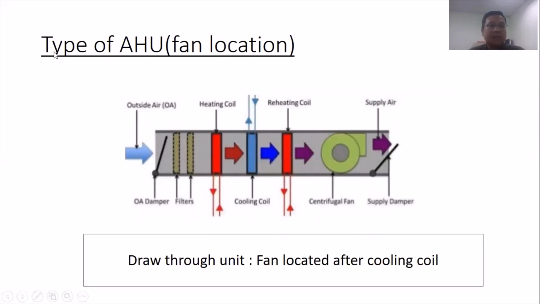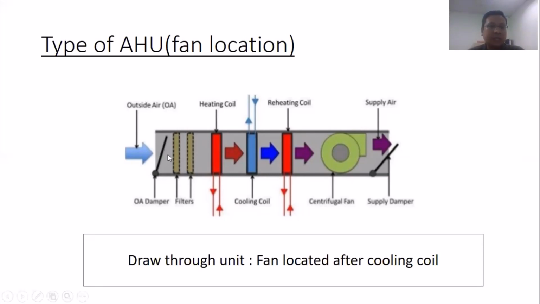Okay, we can see the diagram here. This is a structure of the type of AHU fan location. You can see from the left side, this is where the outside air goes inside to the system. After that, it goes first to the damper. The damper will control the air volume.